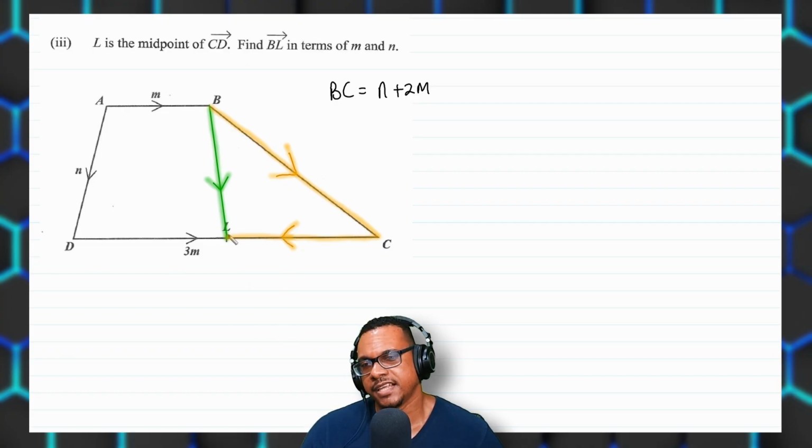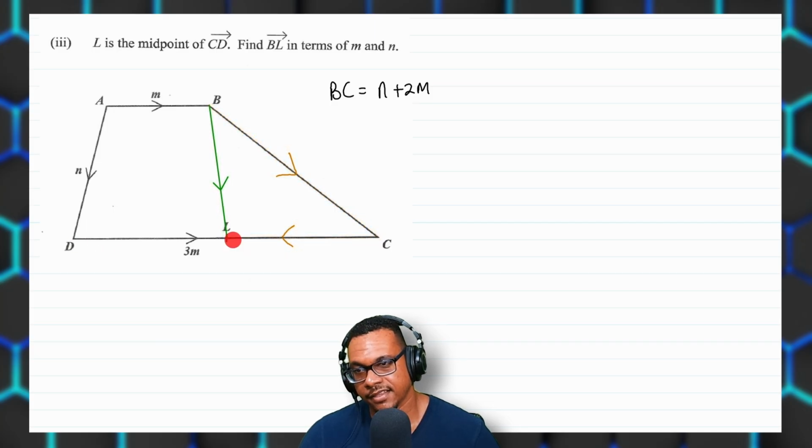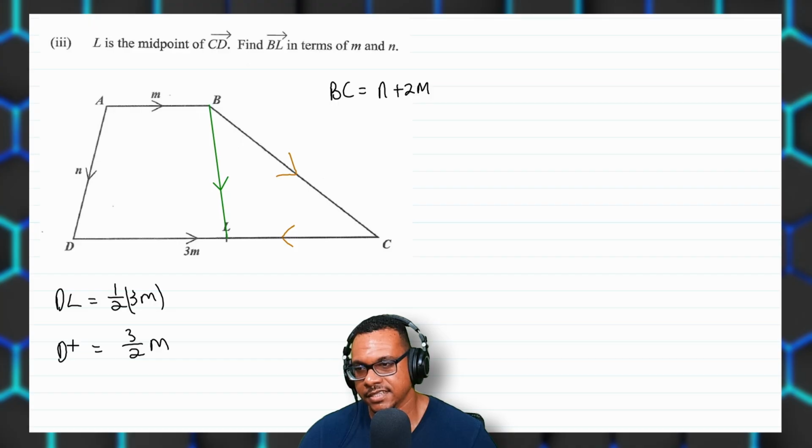Now, the fact that it tells me that L is the midpoint of DC means from D to L is a half of 3M, and from L to C is a half of 3M. So I'm going to put DL is equal to a half of 3M, which simply means 3 over 2 M. That's the vector DL.